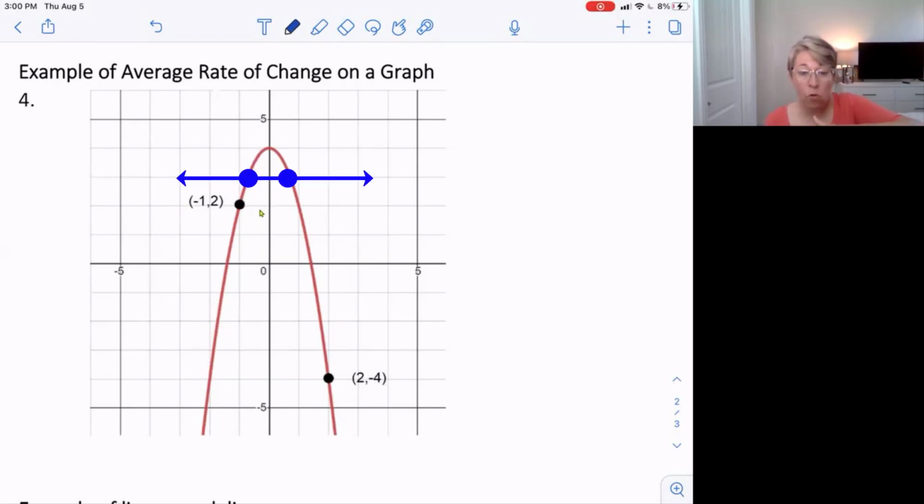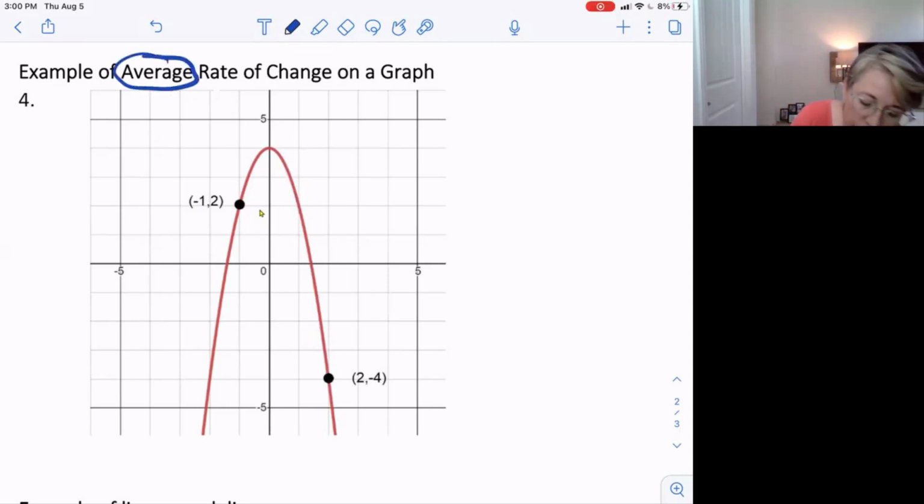It could be 0, or it could be negative. So that's why we're using the word average for any graph or function that's not linear. So we can find the average rate of change between these 2 points by finding the slope of the line that goes through those 2 points. This is called a secant line.